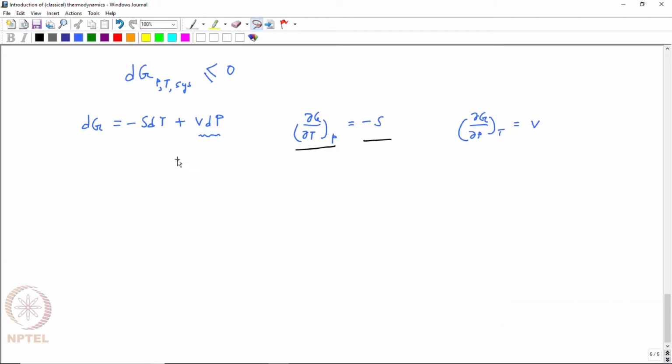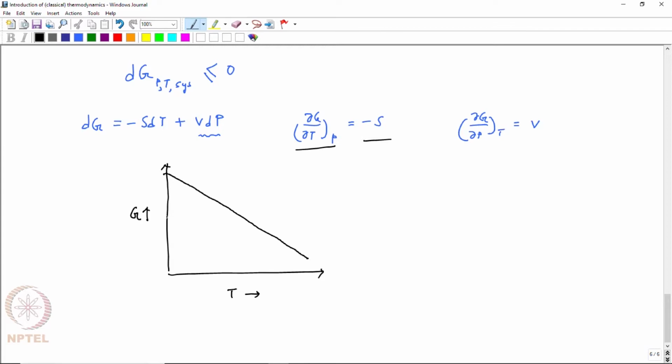So if we plot the variation of the Gibbs free energy with respect to temperature at constant pressure, we'll get a curve, and the slope of this curve will be equal to the change in entropy, or the absolute entropy. As you see here, the slope is given by (del G/del T) at constant P, and that is minus S. Now S is always positive, so minus S will always be negative, but for a gaseous substance the slope will be much higher, and also see that we are starting from a very high value.